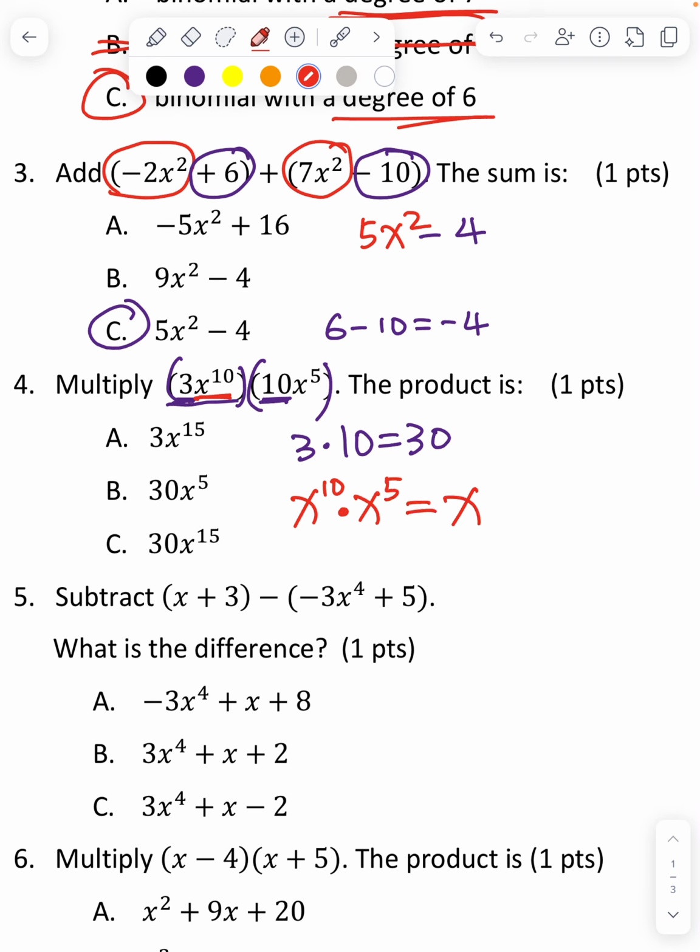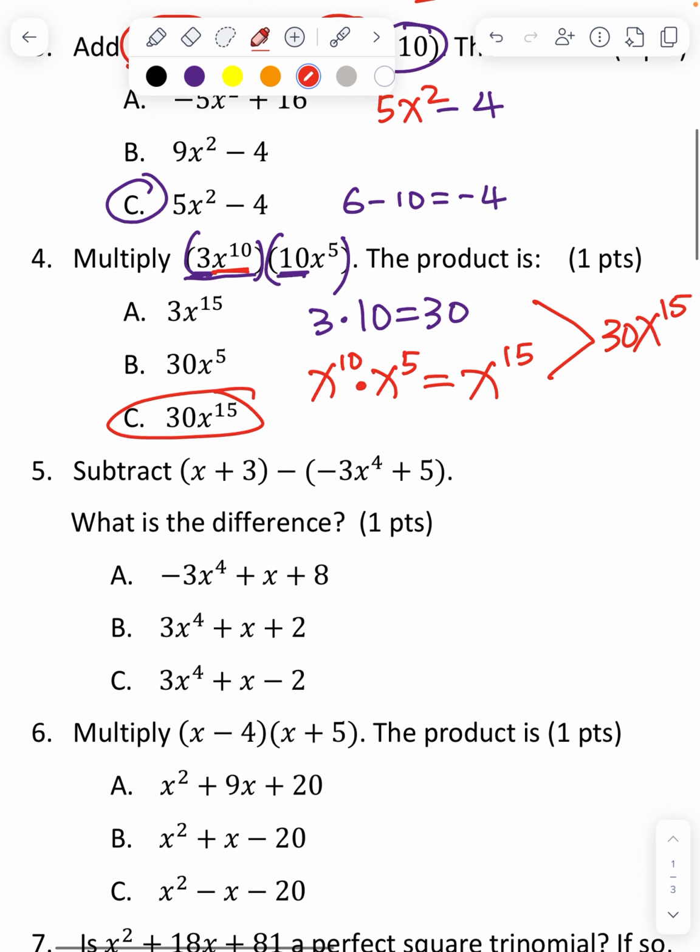When we multiply, we add the powers together. So 10 plus 5, that's 15. So the final answer is 30 and the variable is x raised to the power of 15. So the correct answer is C.